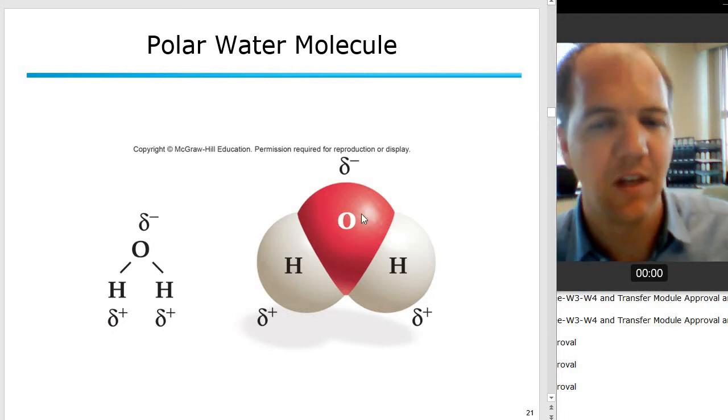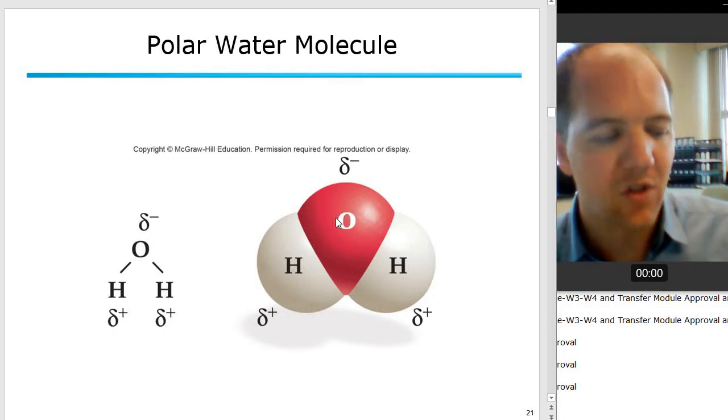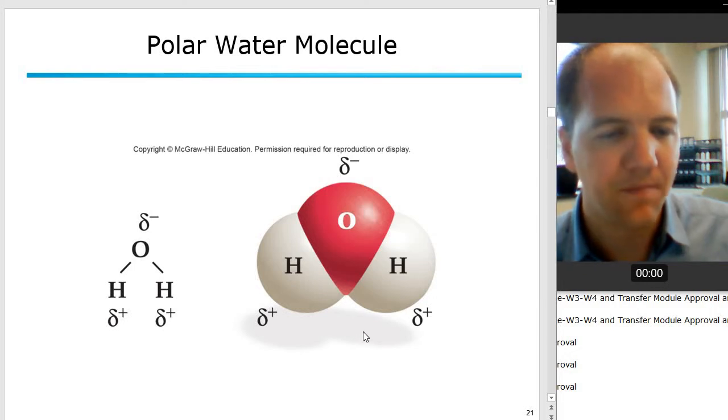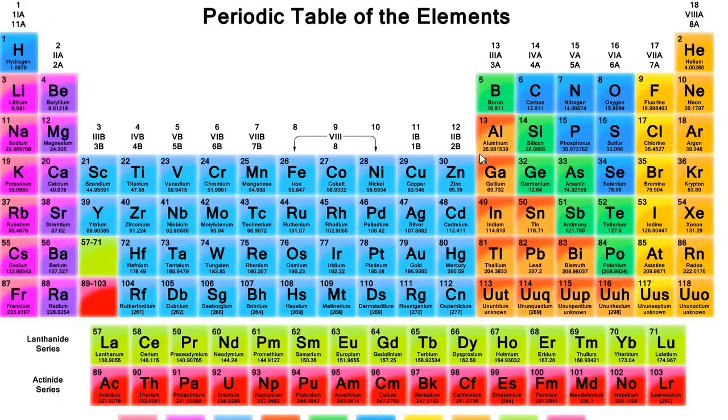If we look at the periodic table, here's oxygen. Oxygen has an atomic number of 8, meaning that it has 8 protons, and a mass number of 16, meaning that it has 8 neutrons. Remember, mass number minus atomic number tells us the number of neutrons. In this case, there's no charge associated with it, so it has 8 electrons.